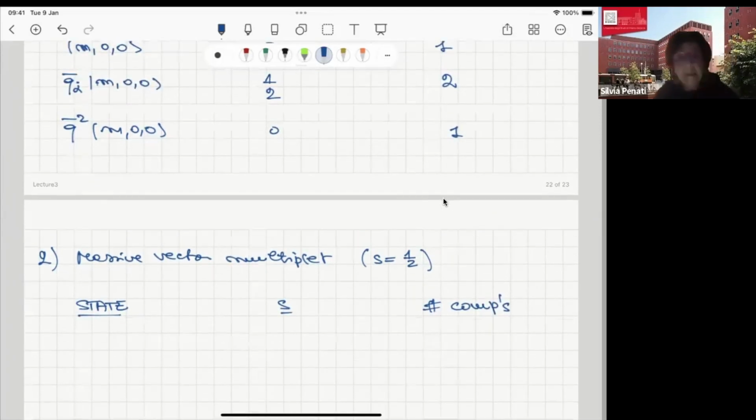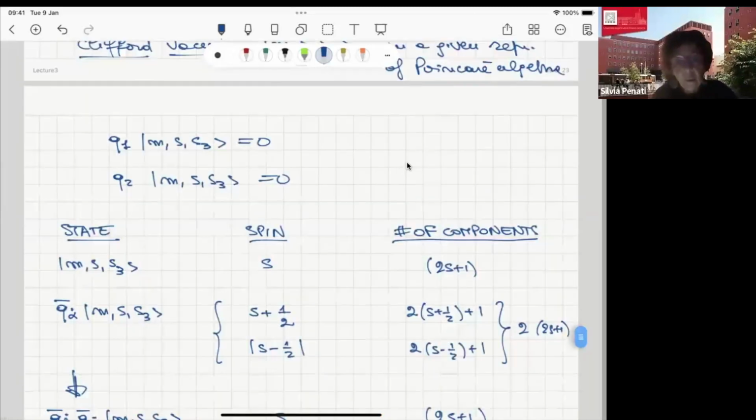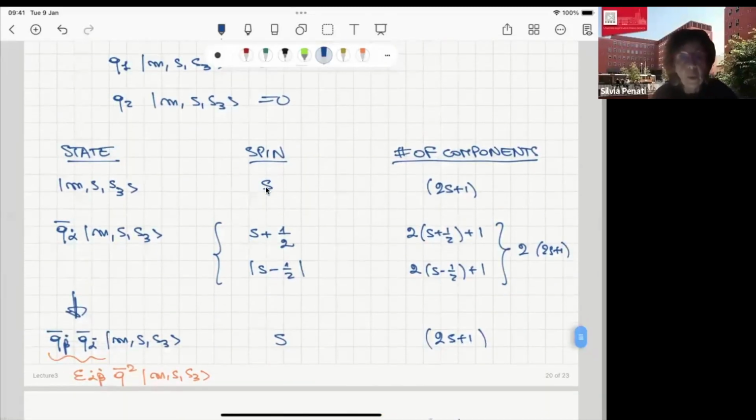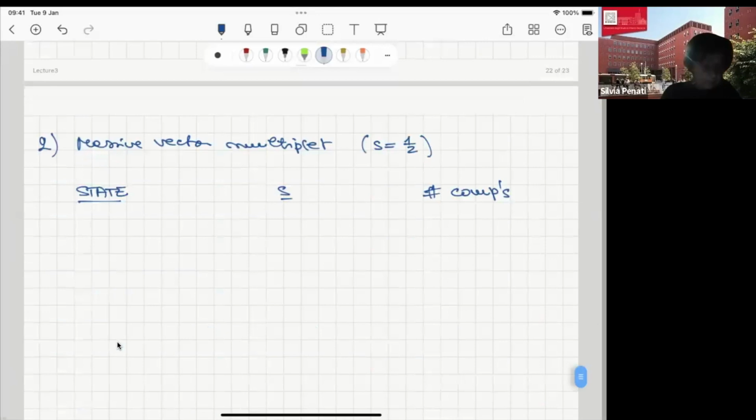Let me go back to the general construction. If now you set s equal to 1/2 to begin with, you will obtain, as the second step, a particle with spin 1 and a particle with spin 0. And finally, at the third step, when you are applying q bar square, you are back to spin 1/2. Let's see what happens also in terms of the number of states.